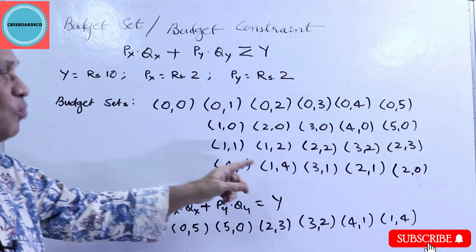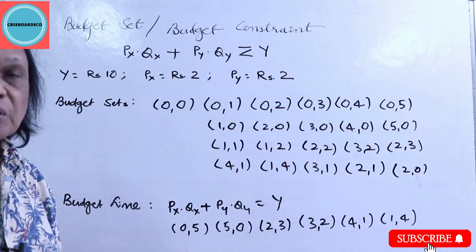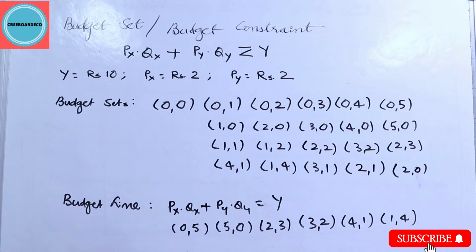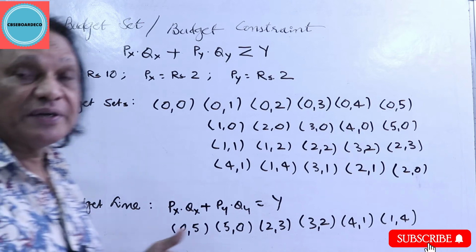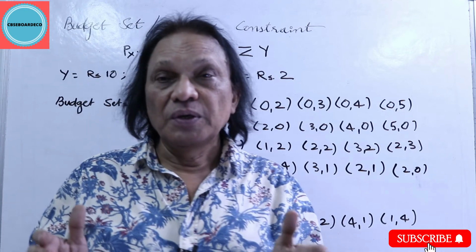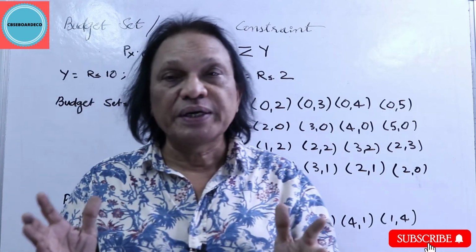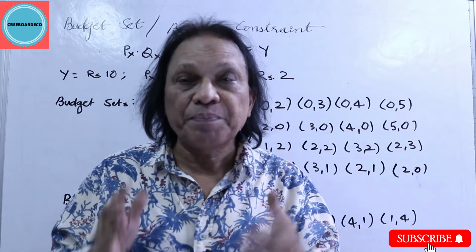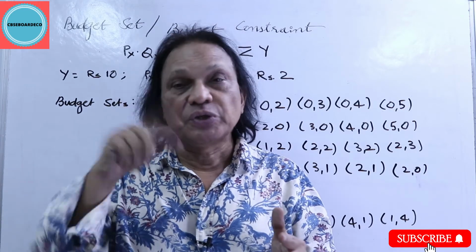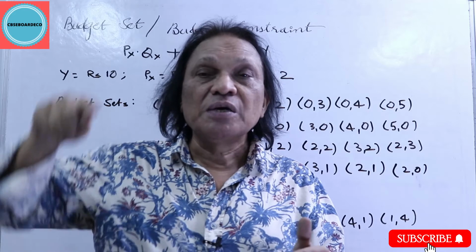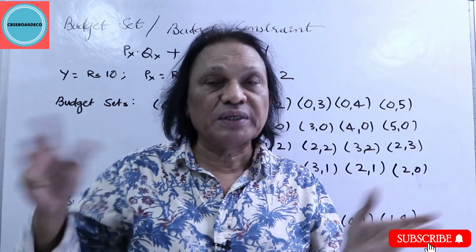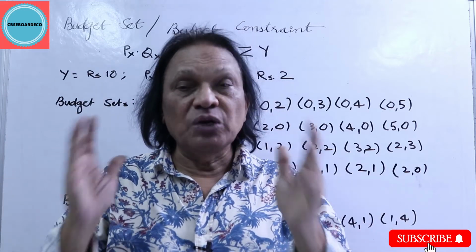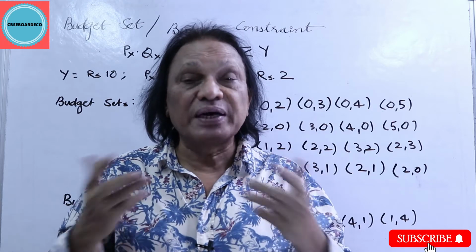You can buy 1 1, 1 2, 2 2, 3 2, 2 3, 4 1, 1 4, 3 1, 2 1. Many of these are possible. That's the budget set. That means you are buying equal to your income or less than your income. Px, price of X, into Qx, quantity of X, plus price of Y into quantity of Y should be equal to your income or less than your income.